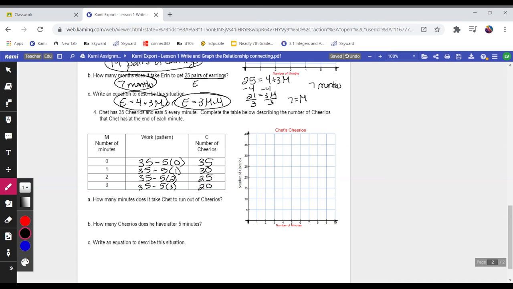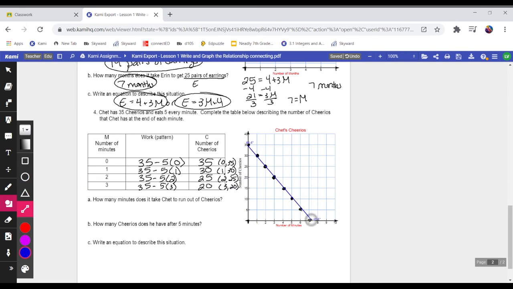The number of minutes is my X. Number of Cheerios is my Y. So my ordered pairs are 0, 35; 1, 30; 2, 25; 3, 20. And I'm just going to continue this pattern until I get down to the bottom, just because it's kind of satisfactory to draw the whole thing.